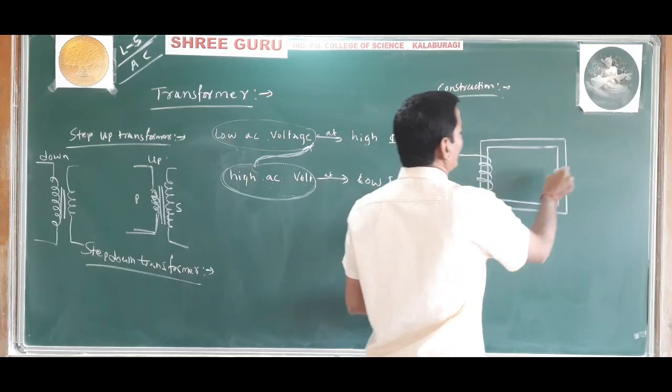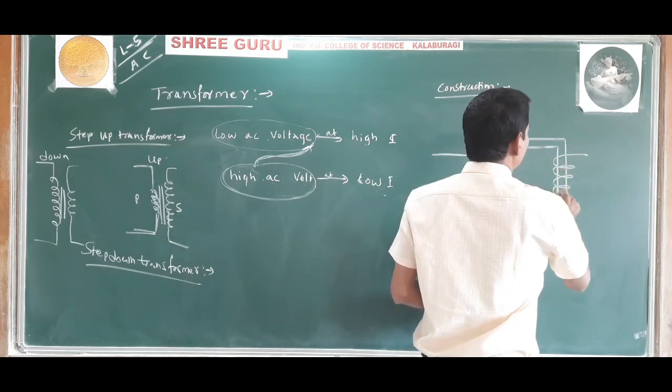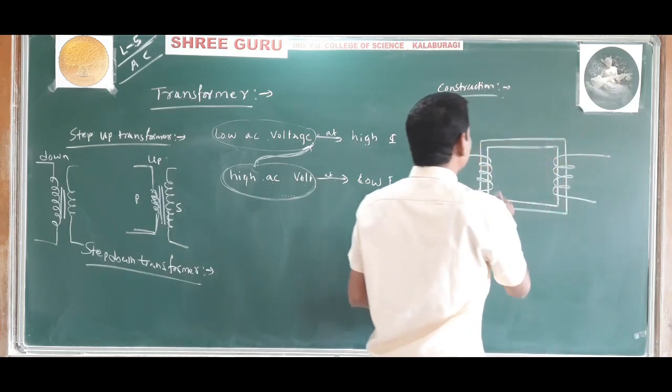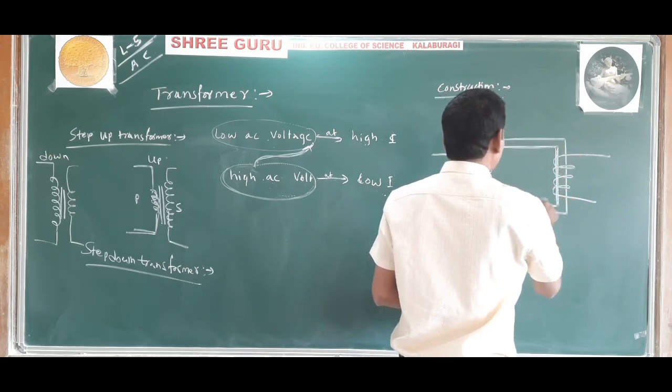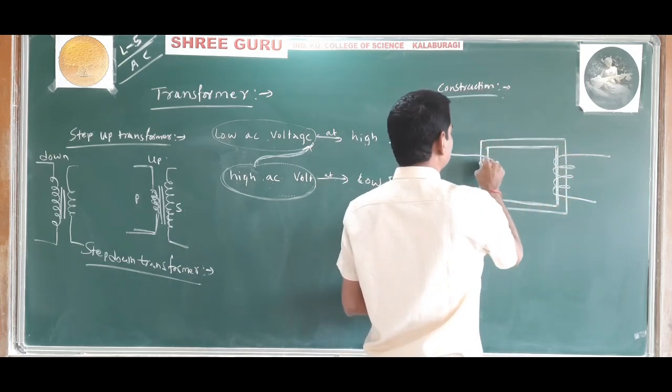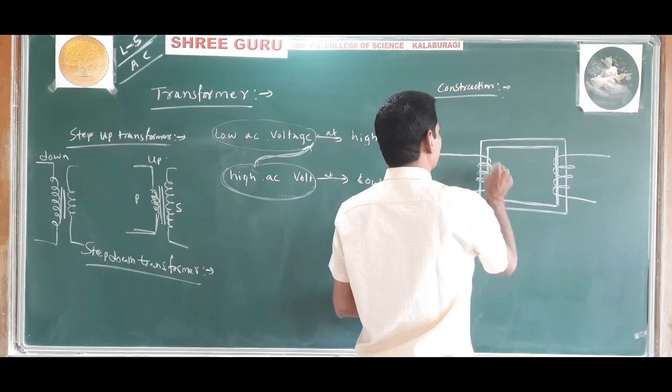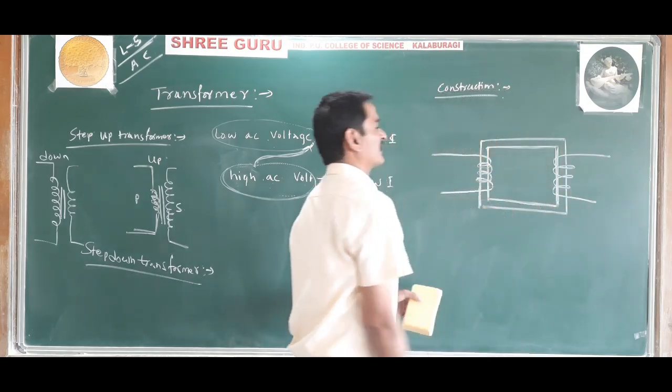That is, this is one coil and this is another coil, insulated, on the same iron core. This is the same iron core. On the same iron core, there will be two coils wound. That is, insulated wires are wound on the same iron core.